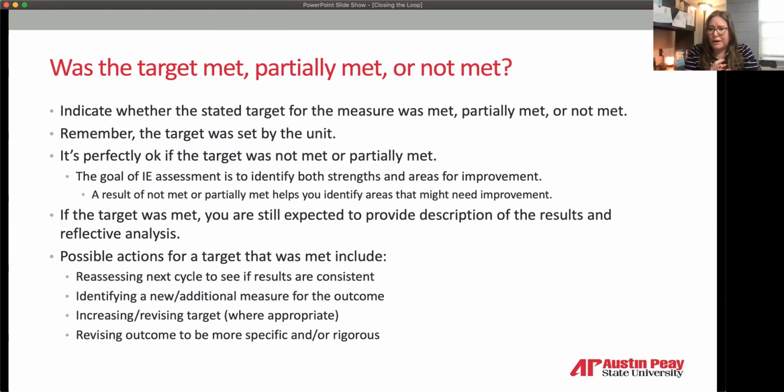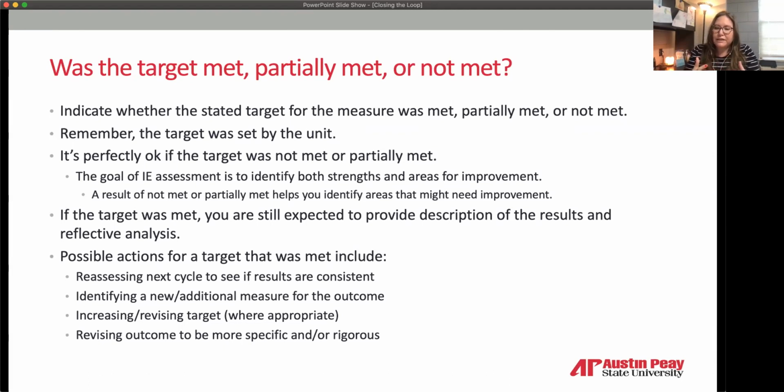So it's not only about showing whether or not it was met, but also reflecting on why that may have been the case. So even if you met your target, you're still expected to provide a description of those results and to conduct that reflective analysis. Even if everything was hunky-dory, as my grandma would say, you still have to provide that description and that reflective analysis.